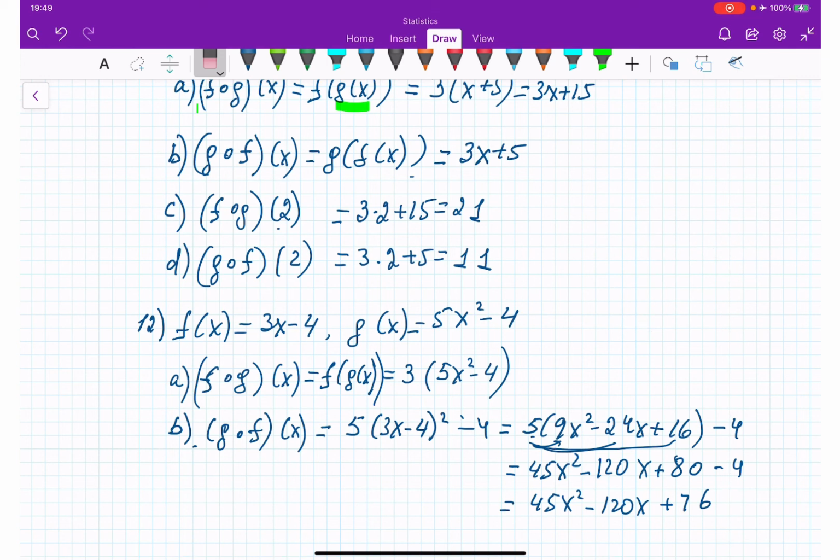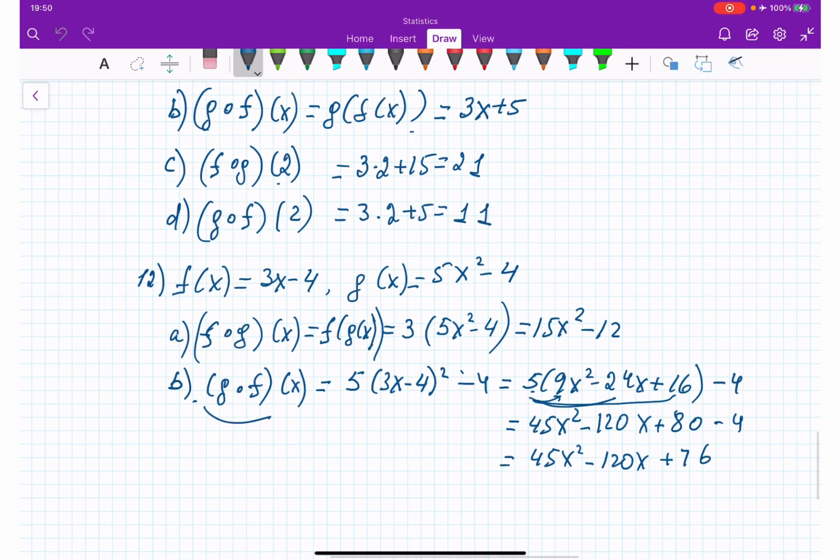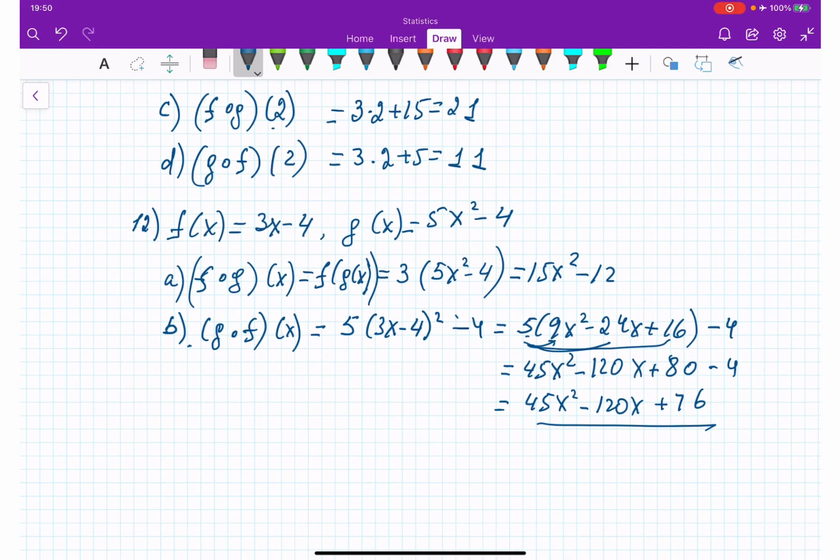It's going to be 15x squared minus 12, right? And for the composition g with f, it's going to be this result. See?